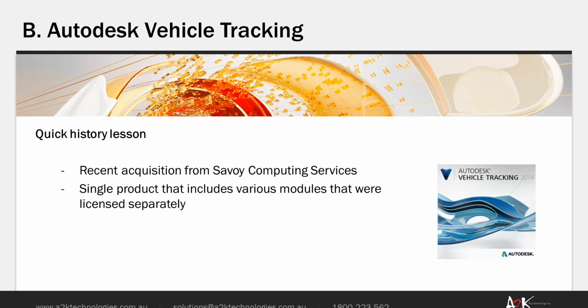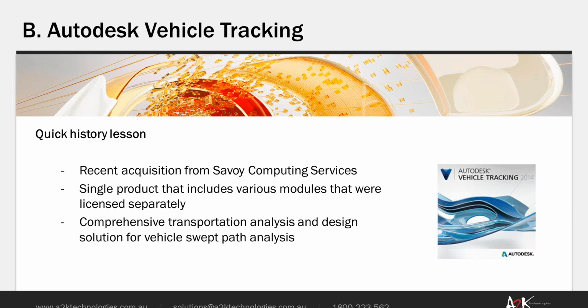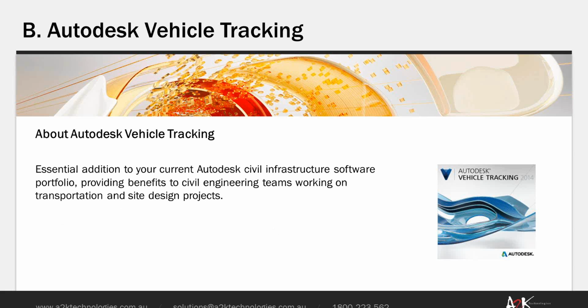As a result of Autodesk acquiring AutoTrack, you don't have to buy the individual modules that were available with AutoTrack. When you buy Vehicle Tracking, you get a single product, and all modules are included. And as we've gone along, we've made some more improvements. So it still is the comprehensive transportation analysis and design solution for vehicle swept path analysis.